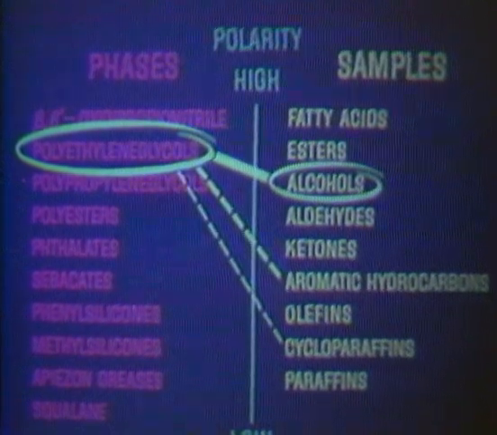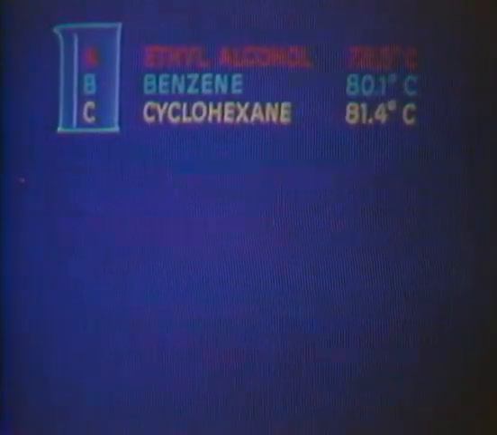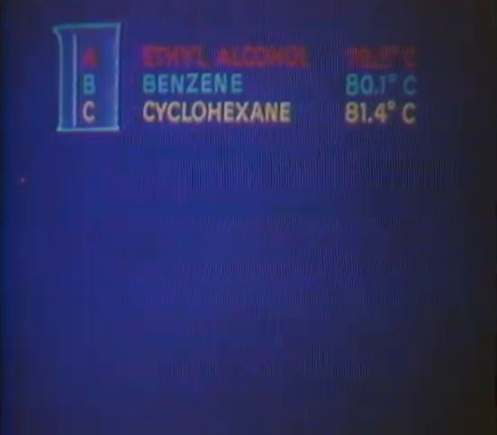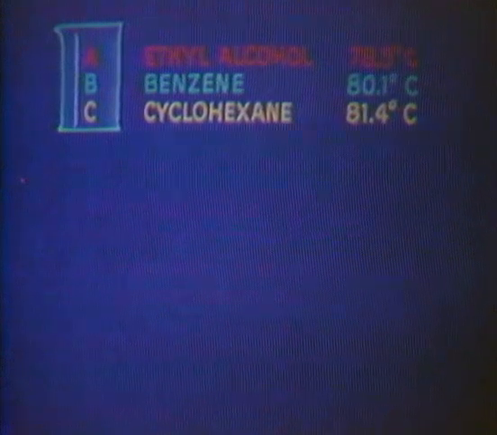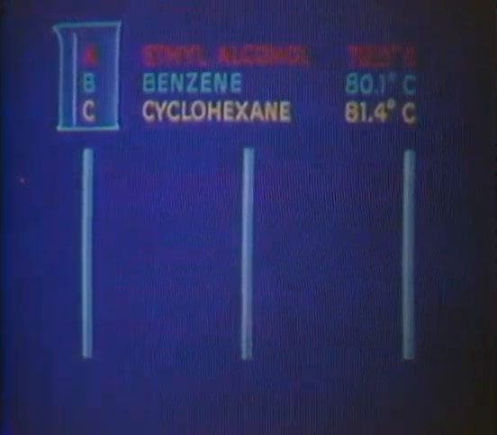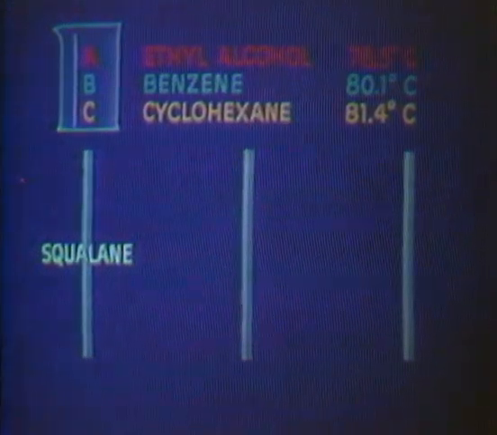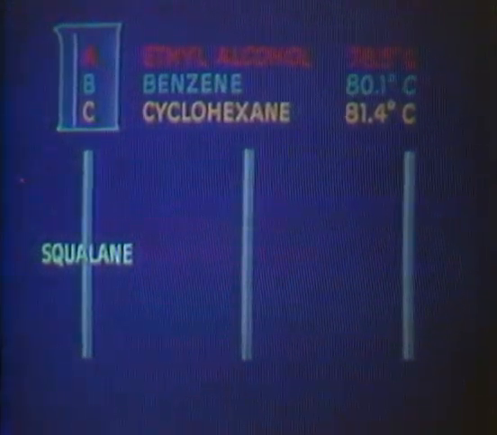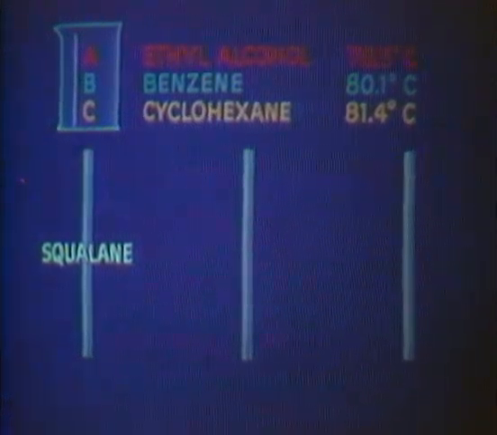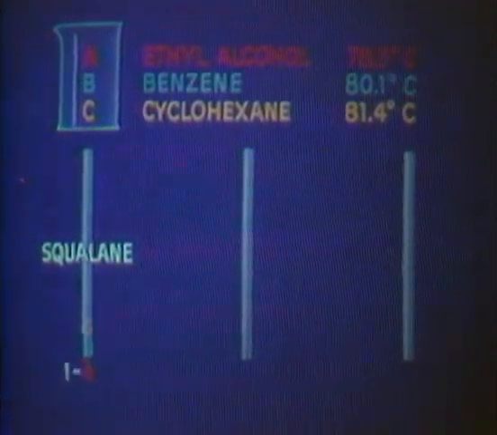This can be shown if we analyze, for example, a mixture of ethyl alcohol, benzene, and cyclohexane, each having a boiling point close to 80 degrees centigrade, on 3 different stationary phases of different polarity. The first phase is squalane, a hydrocarbon that is nonpolar. Therefore, it retains the nonpolar cyclohexane the longest, while the strongly polar ethyl alcohol emerges first.